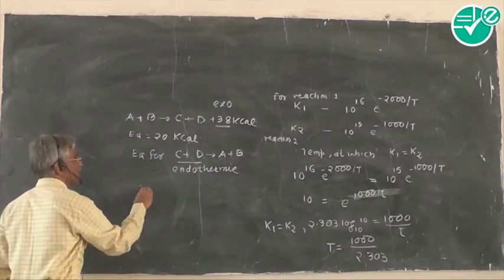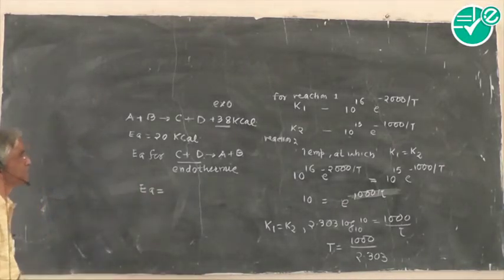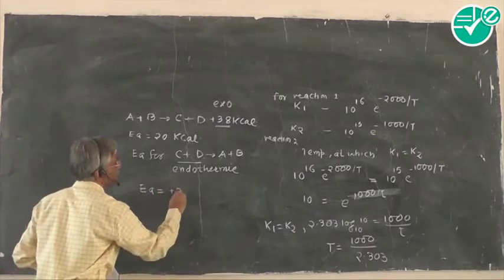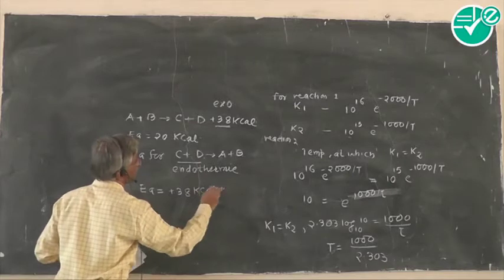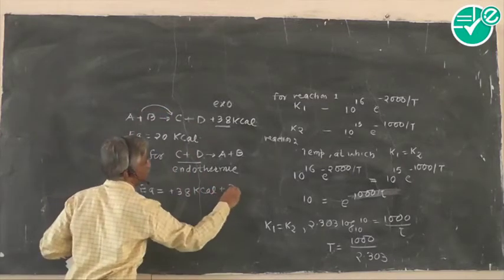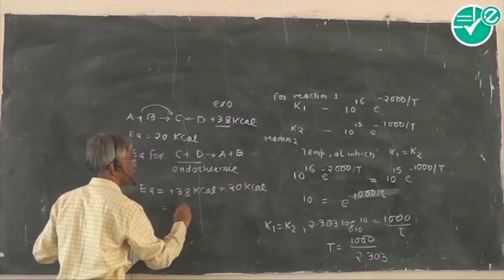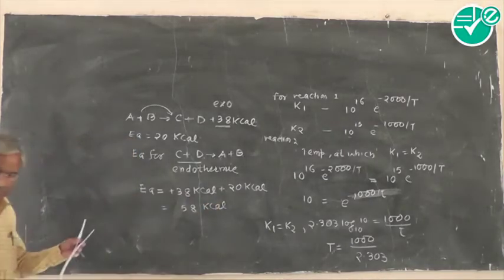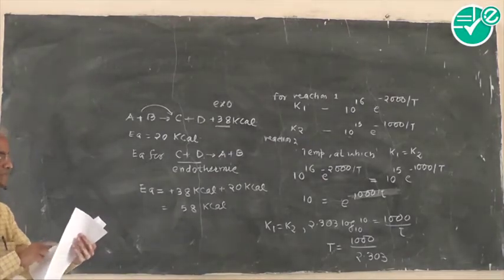So here the activation energy will be minus 38 becoming plus 38 kilocalories plus the activation energy of the reaction in the direction A to B, that is 20 kilocalories, and therefore the final answer will be 58 kilocalories. In CET of Maharashtra, they are asking such questions.